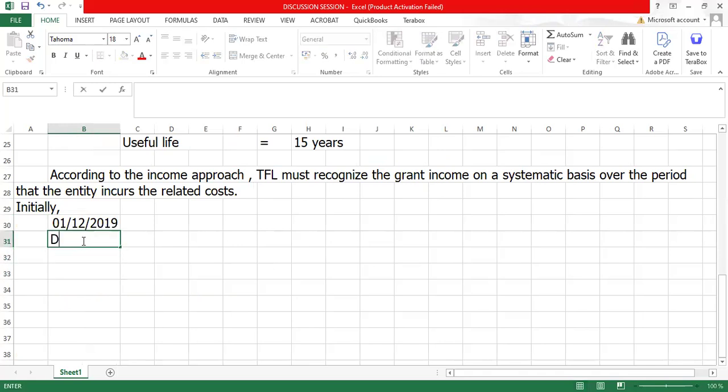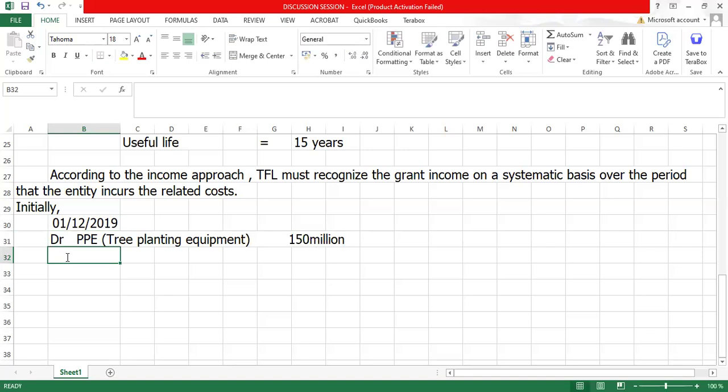Here you debit the asset. It's not a biological asset here, it's a PPE. It's an asset. This is a tree planting equipment. So at that point, you debit your asset, 150 million.